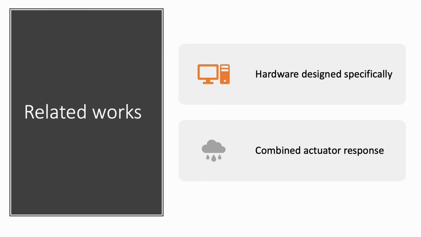Some of the related work is hardware design specifically for use in robot acceleration, which may provide significant benefits, and in contrast between the combined actuator response rates and software solutions, it should be considered the state of the art, and there is also a performance gap that is at least 1 order of magnitude wide.